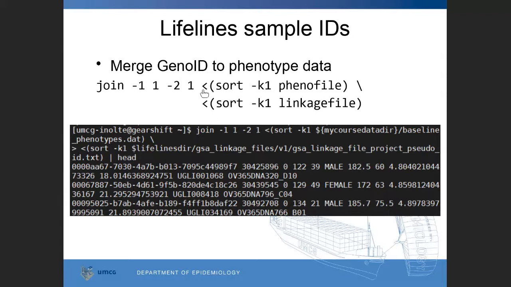Just directly after this smaller than sign, put the round brackets. Say sort pheno file and sort it on the first column, on the first key. Then close the bracket, and the same for the linkage file. If you do it like that, it will sort your data and use the sorted data for joining.